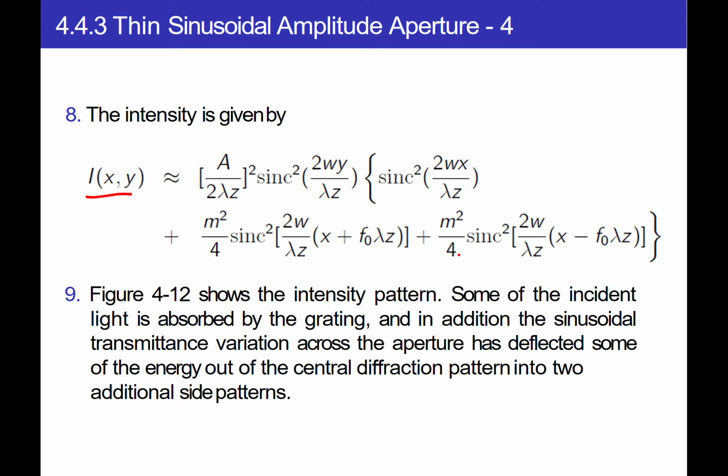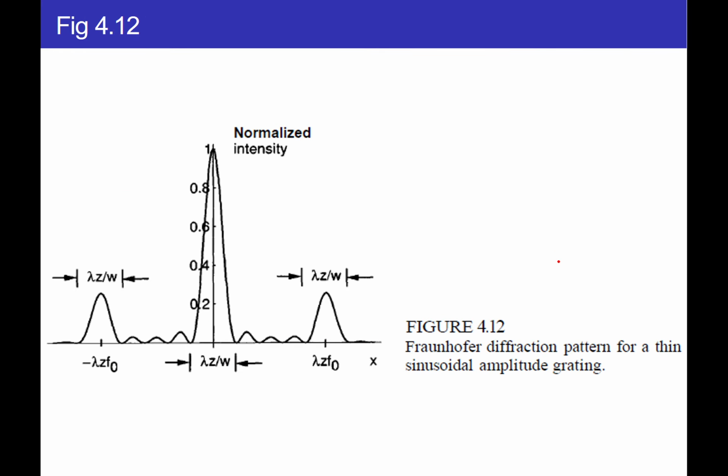So if you look at it, there is a central one and one shifted downward, one shifted upward. That means like this. Okay. So if you have an amplitude grating, then you have this diffraction pattern, right? So that's the main one, and it is shifted by these two factors.